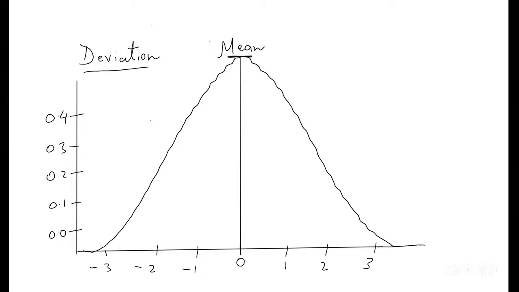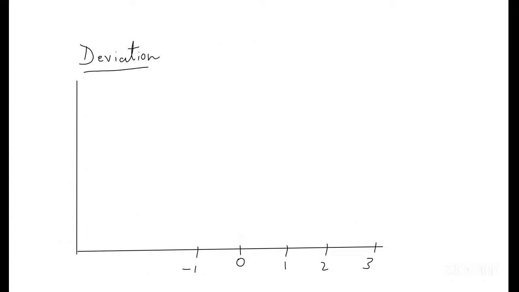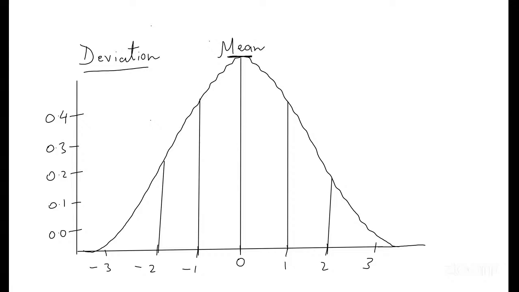Now if I draw lines here, and here and here and here, this portion, I'll just make it in red, is known as the deviations.